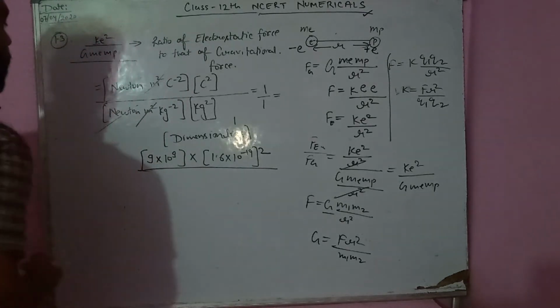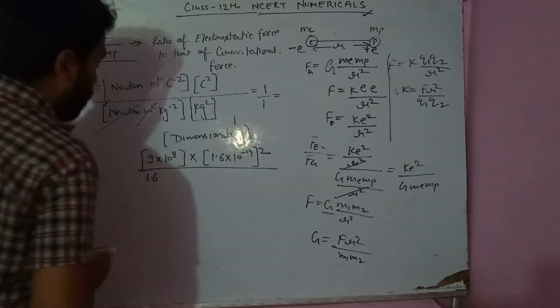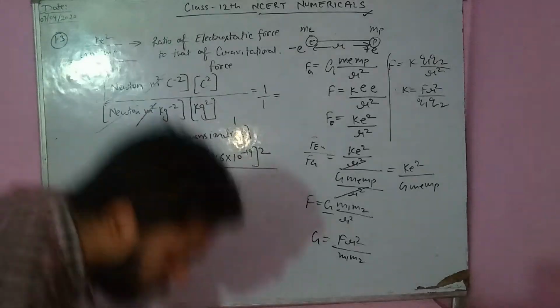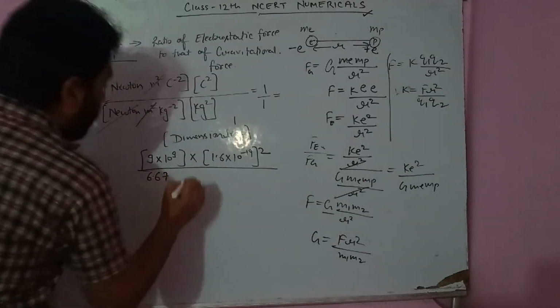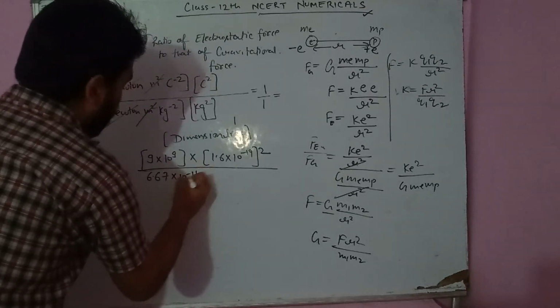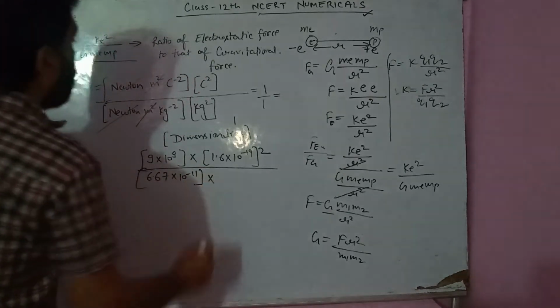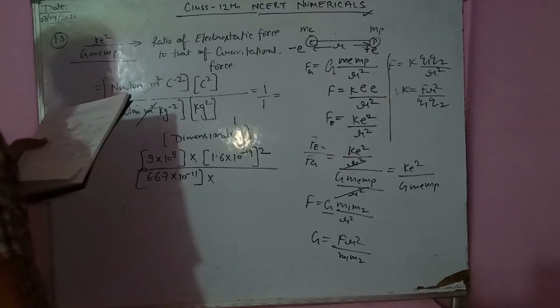The value of G is 6.67 into 10 power minus 11. Sorry, I was about to write the value of charge. That's the value for the universal gravitational constant, into mass of electron into mass of proton.